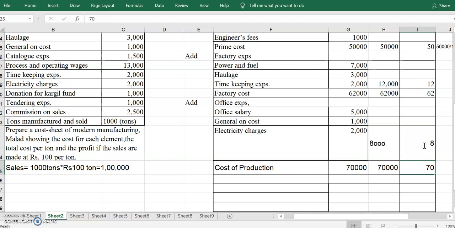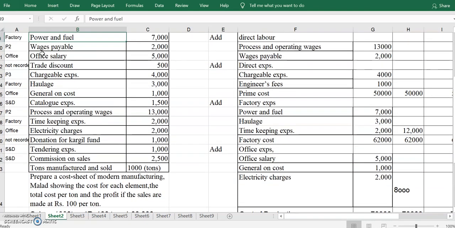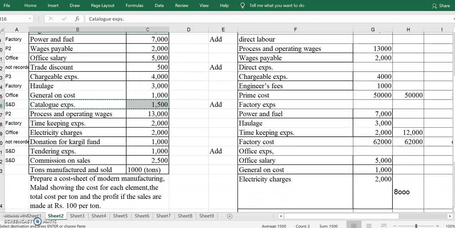Then add selling and distribution. Whatever headings relate to selling and distribution are recorded under that heading. First, catalog expenses, recorded under the head of selling and distribution.